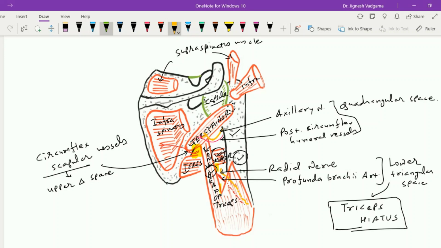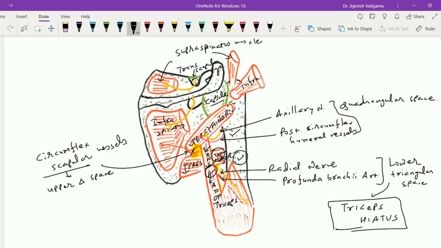This suprascapular notch is bridged by the transverse scapular ligament, and it will convert this notch into one foramen, and through this foramen the suprascapular nerve passes, and it is going to supply the supraspinatus muscle, and after passing through the spinoglenoid notch, it is going to supply the infraspinatus muscle also.